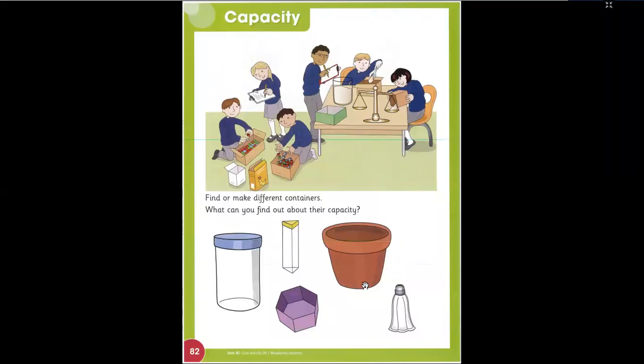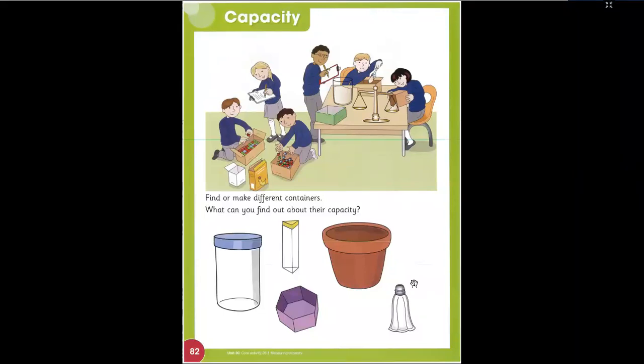How many things can we put in the container? See, all of these are containers.